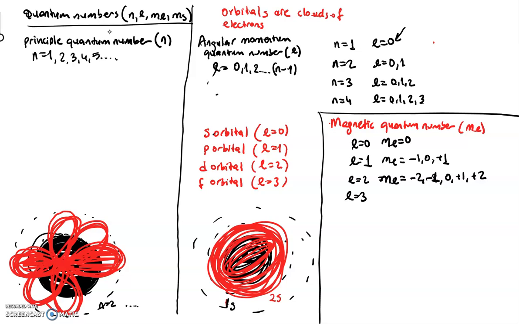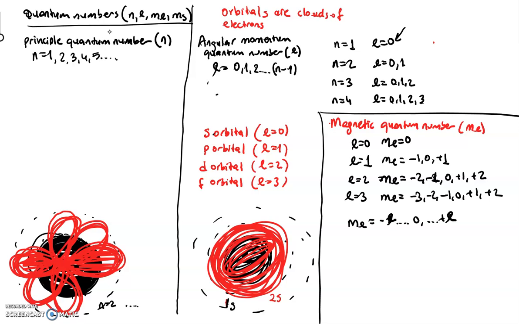All right, and then L equals 3, we're going to have mL values -3, -2, -1, 0, +1, +2, and +3. Basically, the mL number can be any integer from -L to 0 to +L. For example, if you have L equals 3, mL will be -3, -2, -1, 0, +1, +2, and +3.